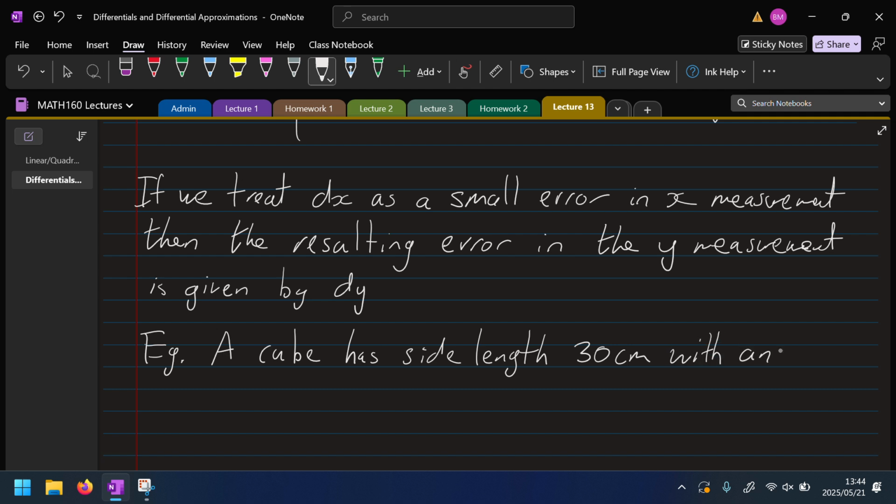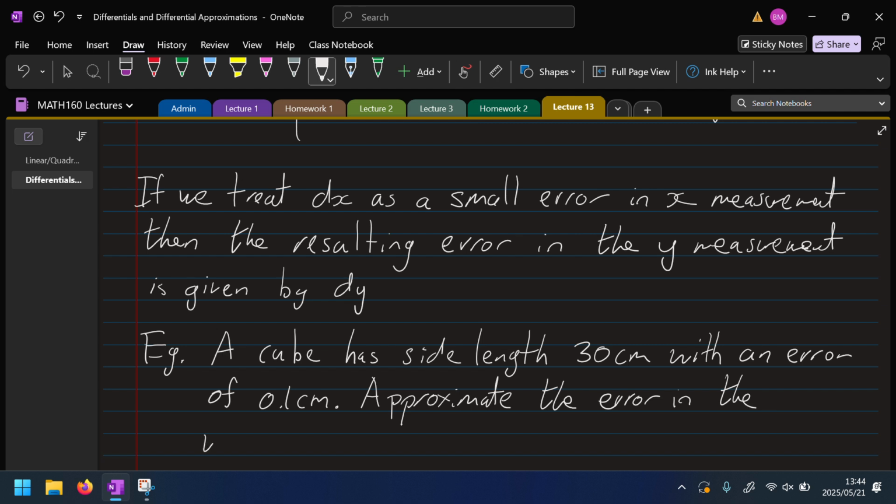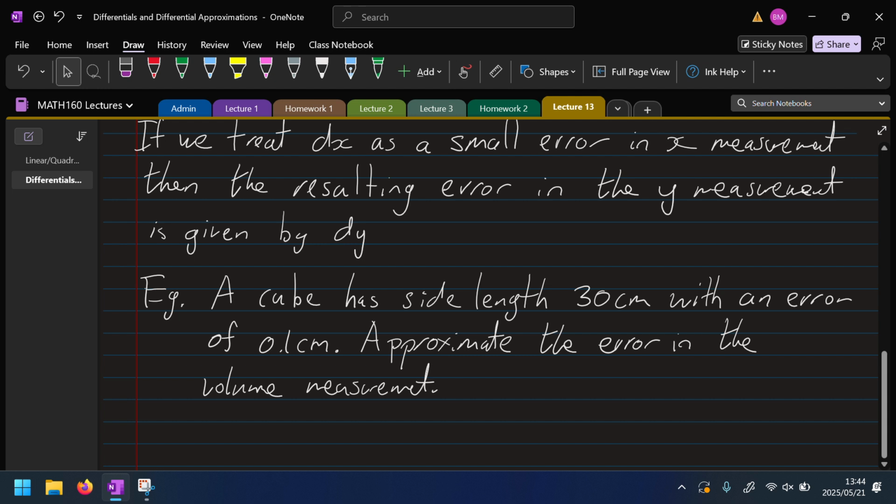With an error of 0.1 centimeters, approximate the error in the volume measurement. That's part one, and then part two, find the exact error.